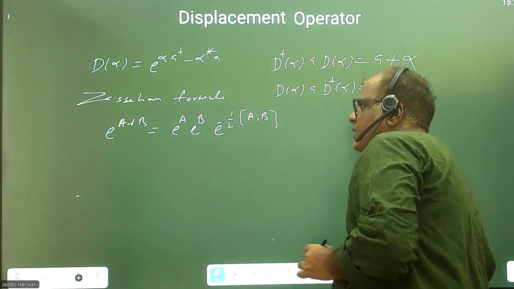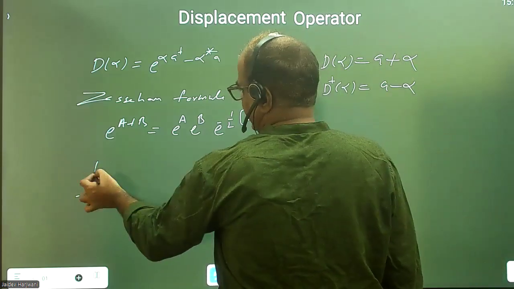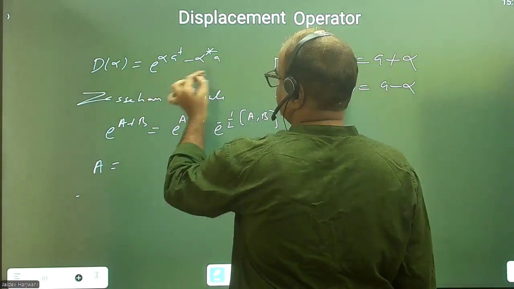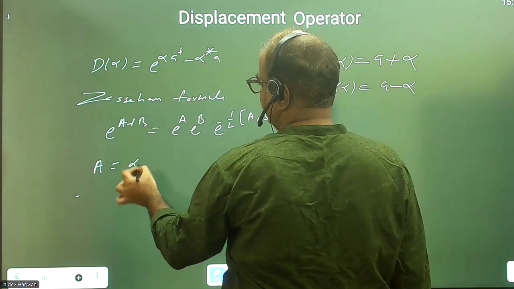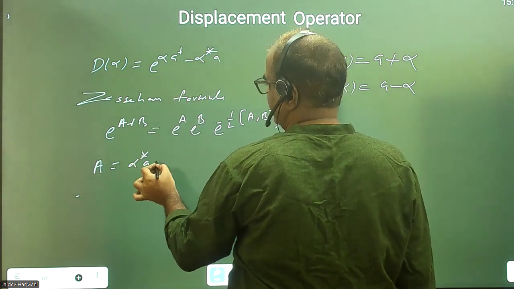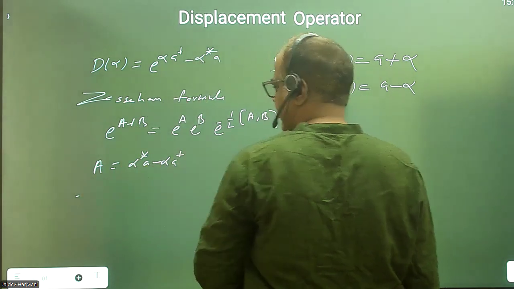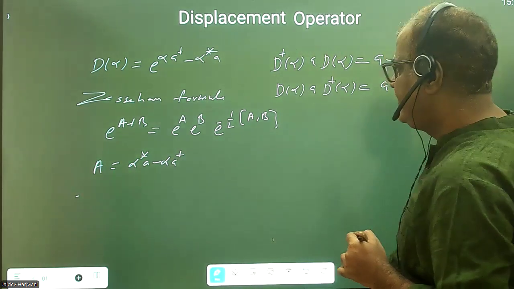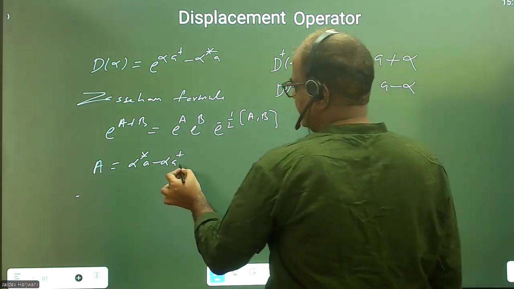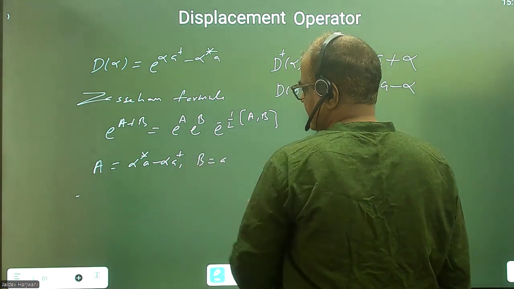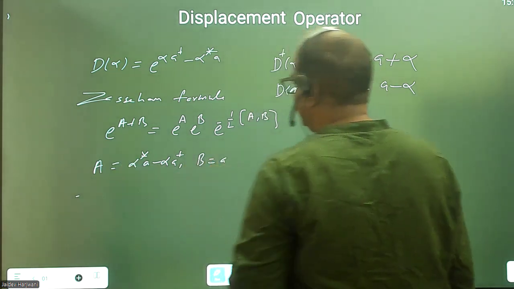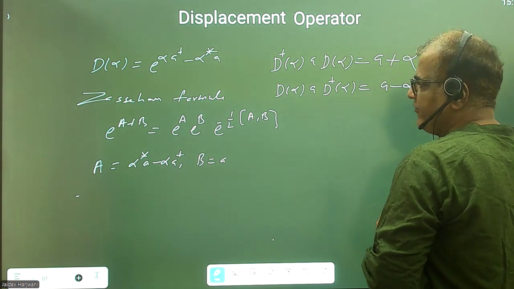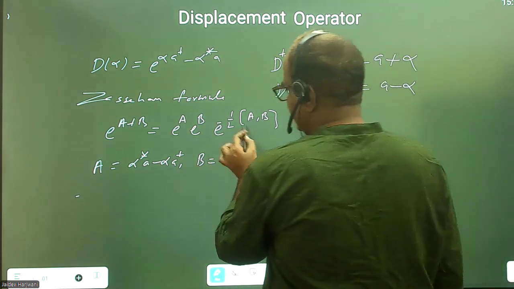So again, I define my A like this: alpha A bar minus alpha star A, and B I already defined as A. Now commutator of AB is alpha.